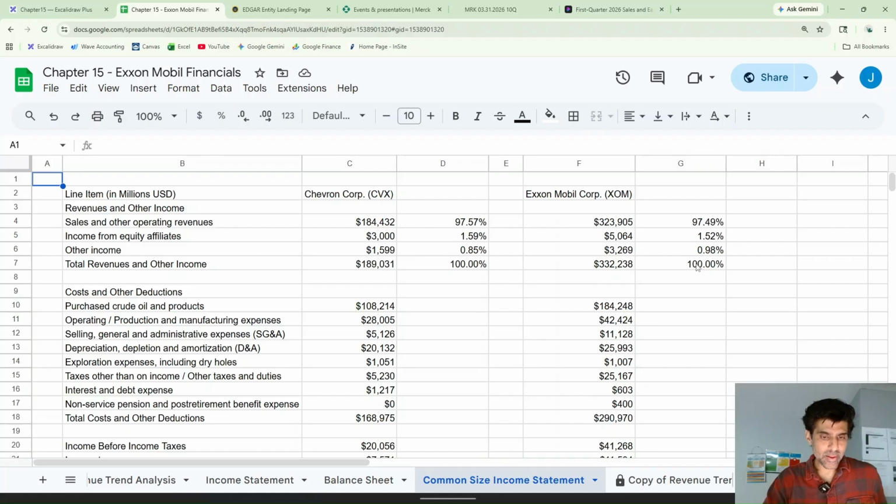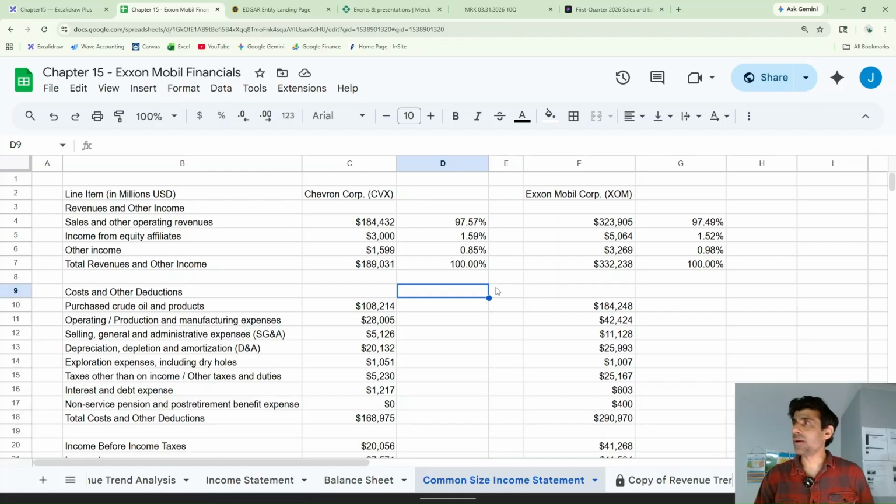Okay, and then the final thing before we talk about the ratios briefly, because I think it's better that we spend time just calculating the ratios, but let's finish this analysis stuff off. This is a kind of vertical analysis where we have two different companies.